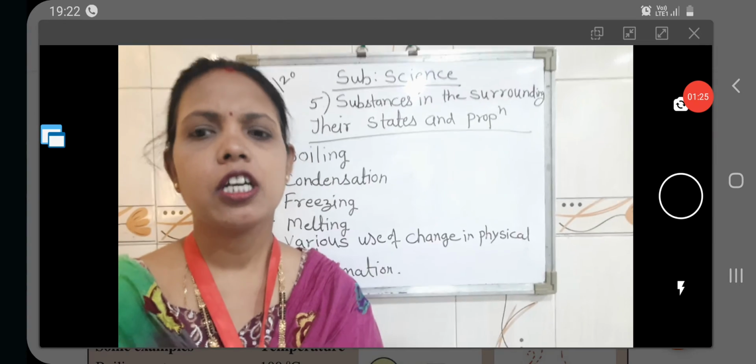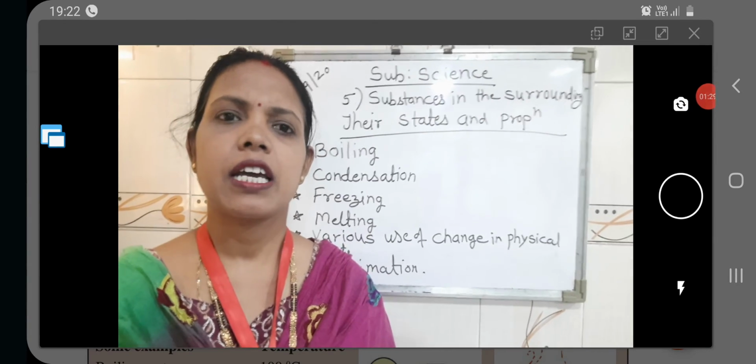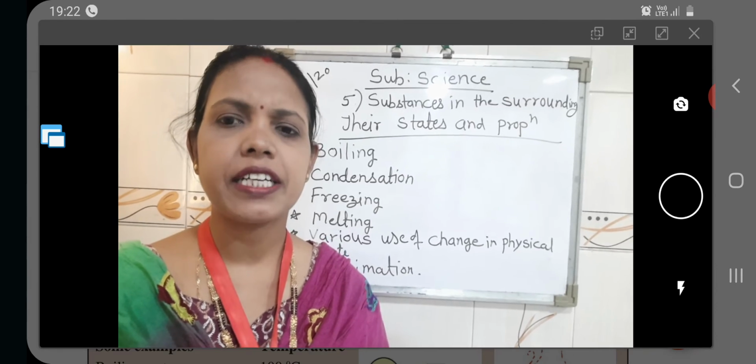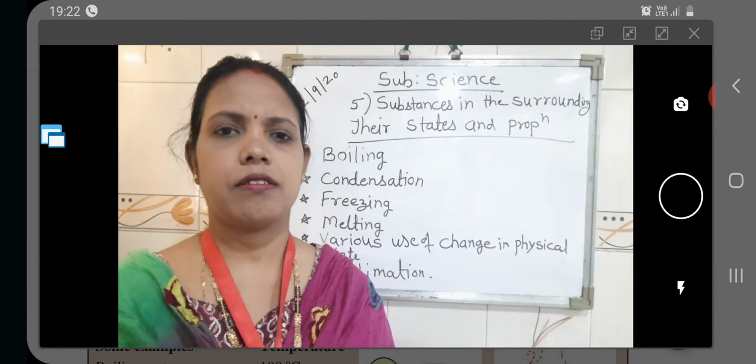Next point, heat and the change of physical state. Next we had completed the temperature and the thermometer.